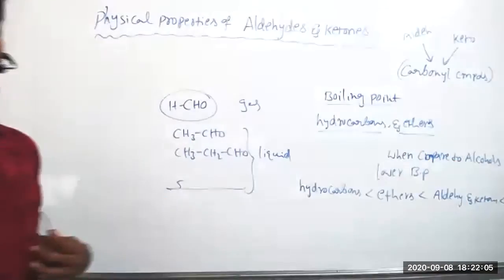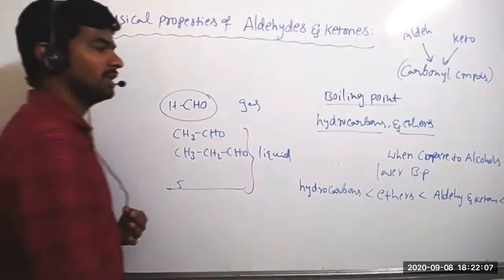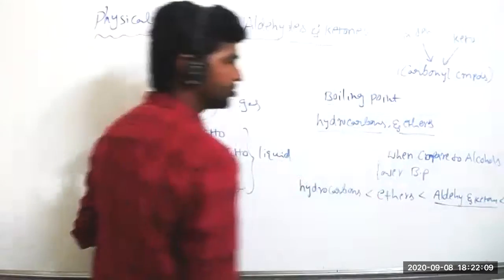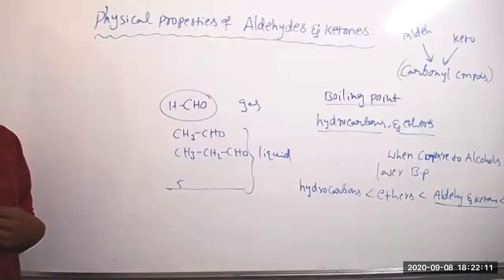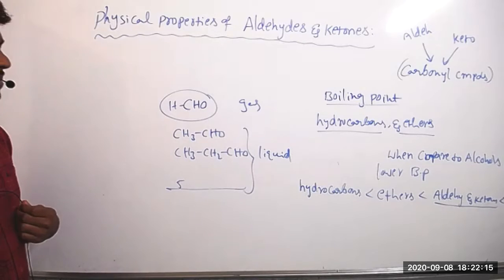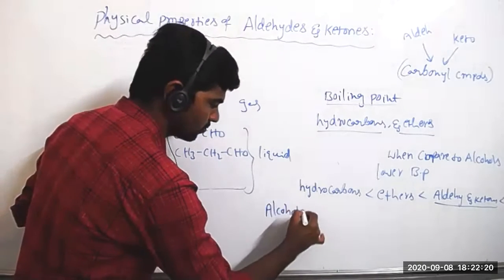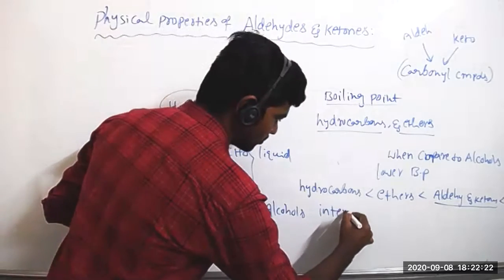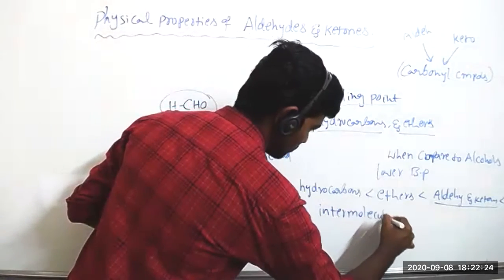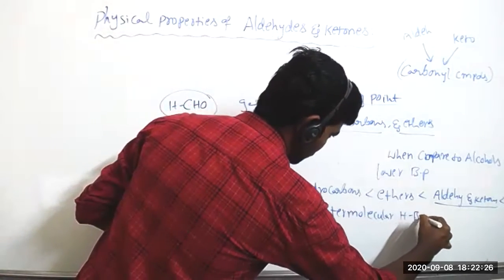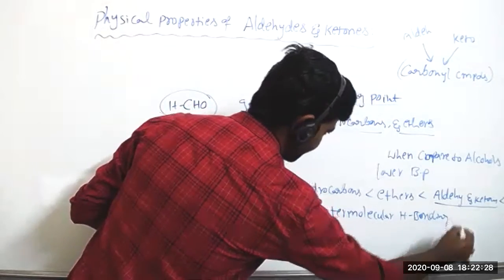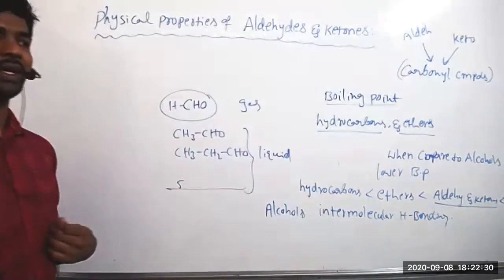Alcohols have the highest boiling point. Why do alcohols have a higher boiling point than aldehydes and ketones of comparable molecular masses? Because alcohols form intermolecular hydrogen bonding. That's why alcohols have a higher boiling point.